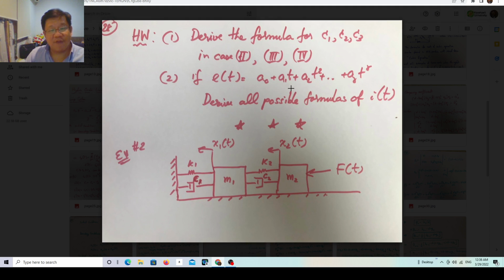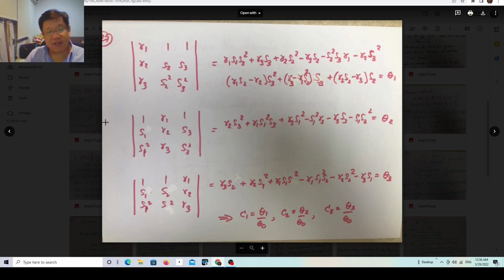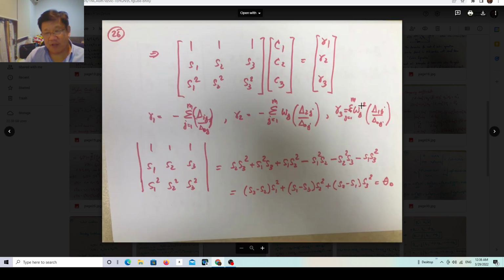And we have to derive all the possible formulas for the function of I over T. So plenty of work that you can exercise yourself based on the knowledge that I already told you from the start here.